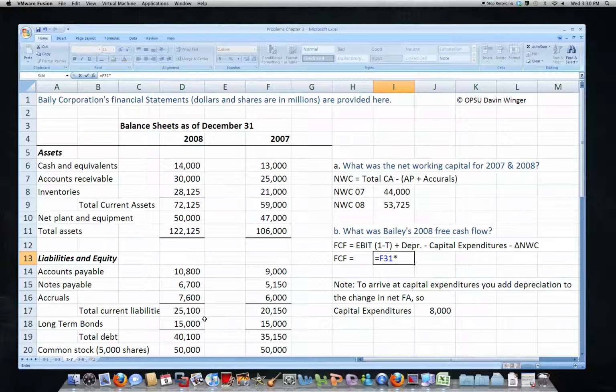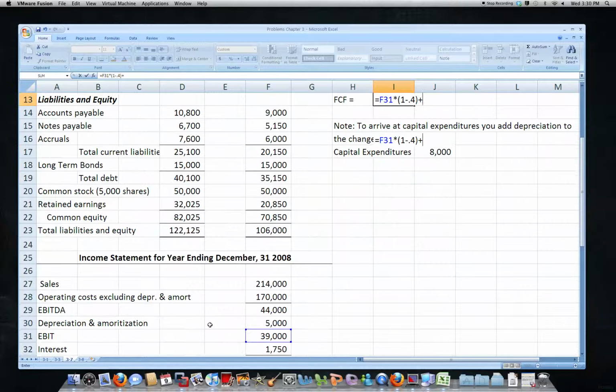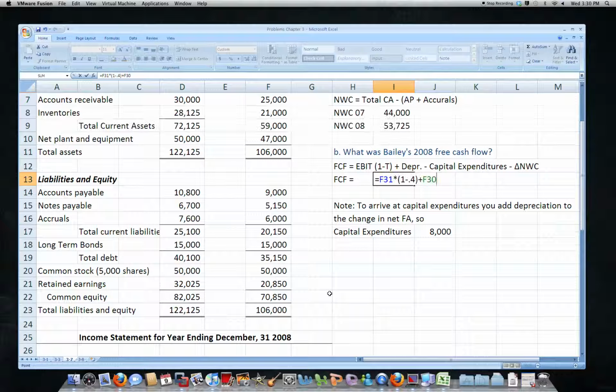So we can say 1 minus 0.4, plus our depreciation, which is right here, depreciation and amortization, minus our capital expenditures, minus our change in our net working capital.